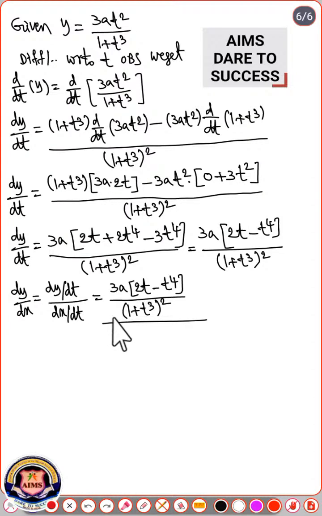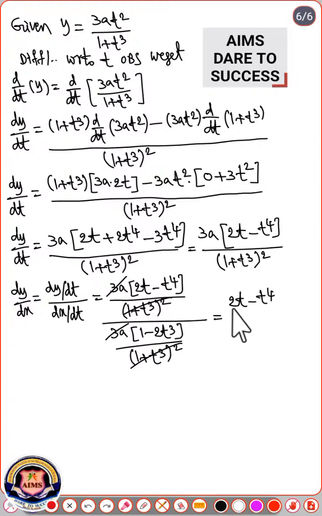So dx by dt value is 3a into (1 minus 2t cube) by (1 plus t cube) whole square. Similar values 3a cancelled, (1 plus t cube) whole square, (1 plus t cube) whole square get cancelled. The remaining value is (2t minus t power 4) divided by (1 minus 2t cube), which is the required answer.